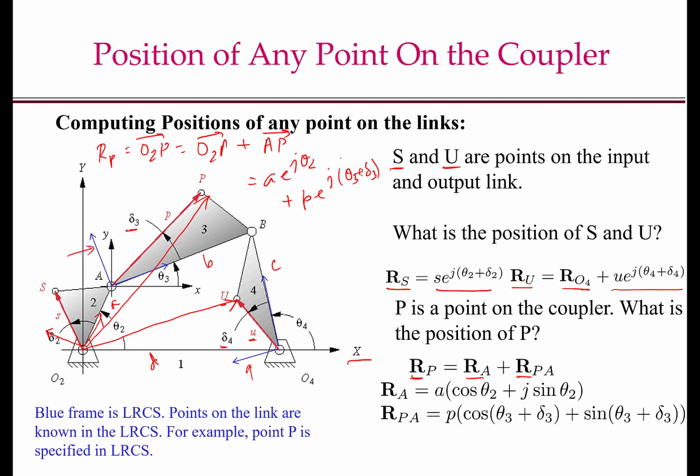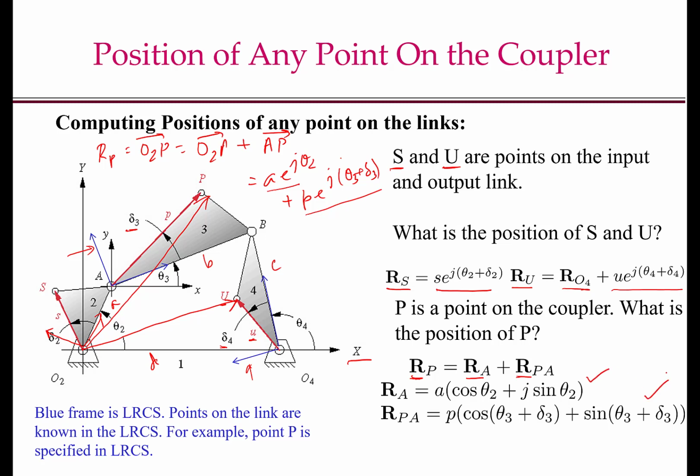P is the length of the vector and theta 3 plus delta 3 is the angle made by the vector AP with the x-axis of LNCS or locally non-rotating coordinate system, which is the same as the angle made with the x-axis of the global coordinate system. So if I expand A e to the power of j theta 2 and P e to the power of j (theta 3 plus delta 3) using Euler's formula, I get these two expressions.